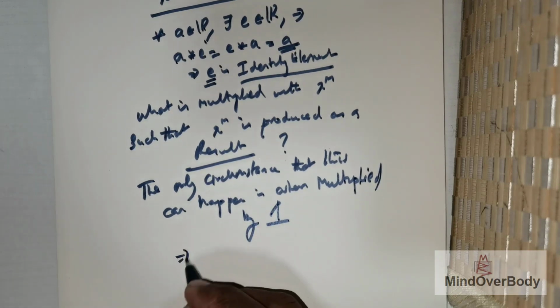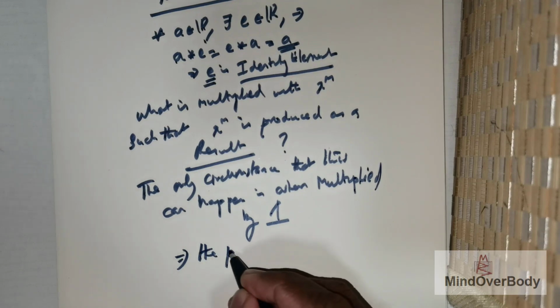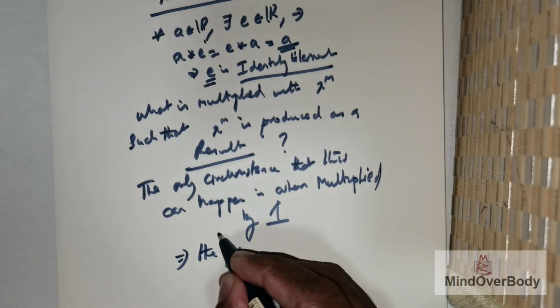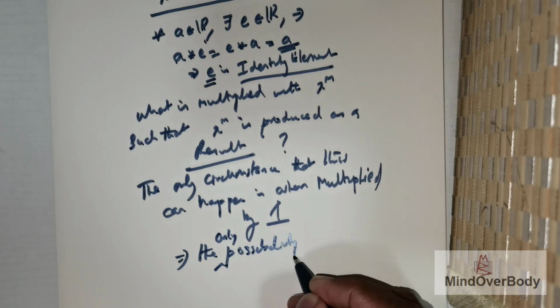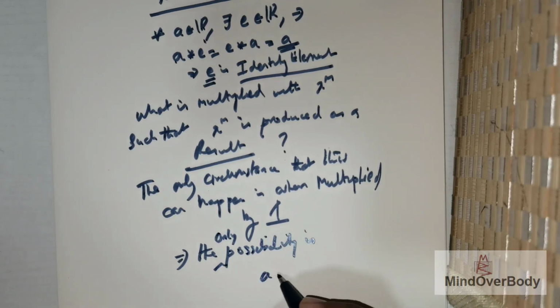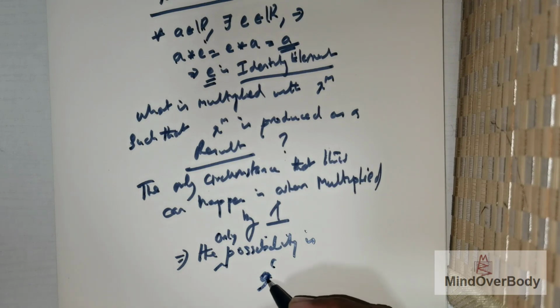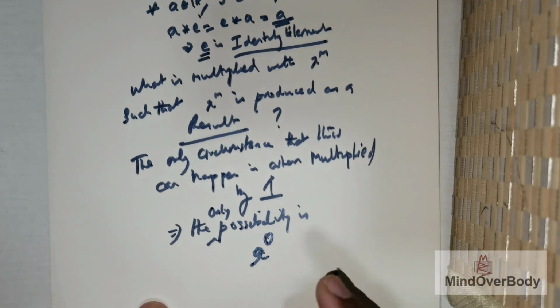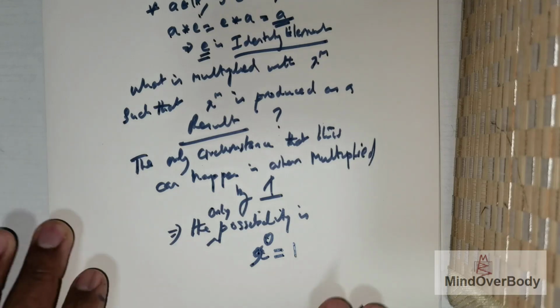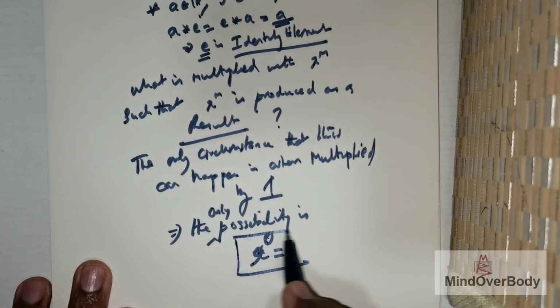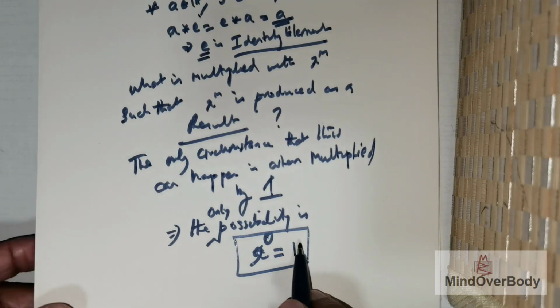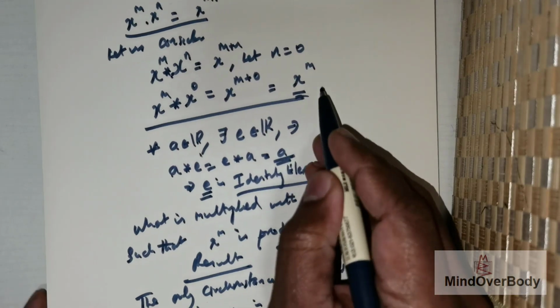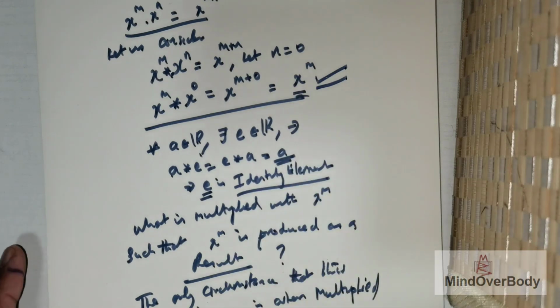So this means the only possibility is that x to the power 0 should be equal to 1. So only when x to the power 0 is equal to 1 are we able to get this.